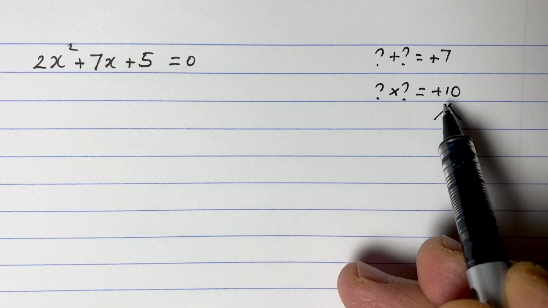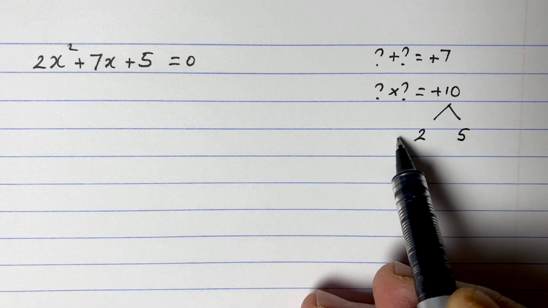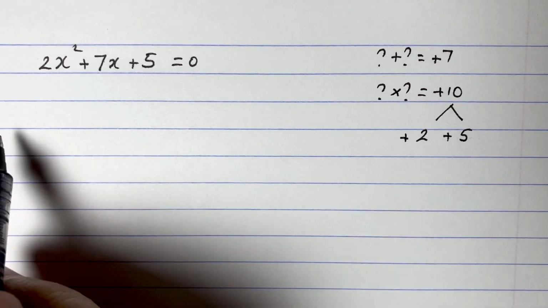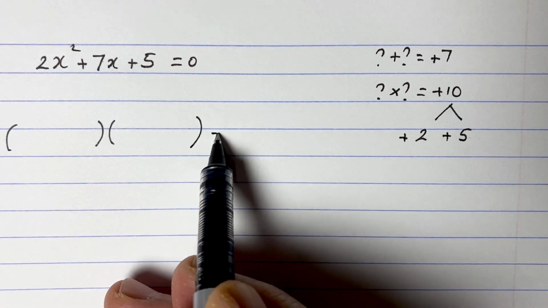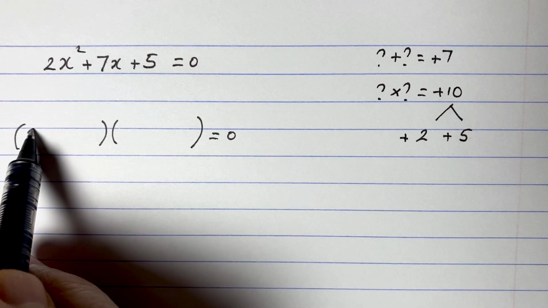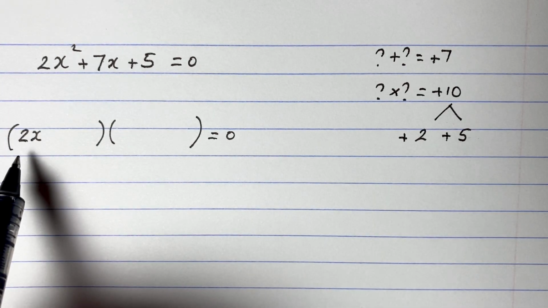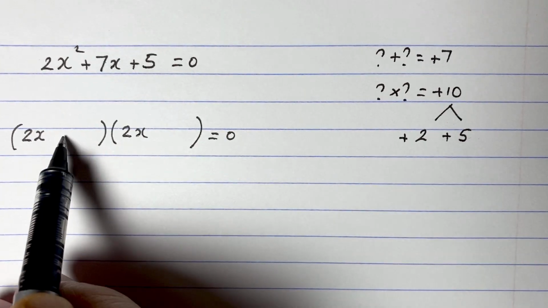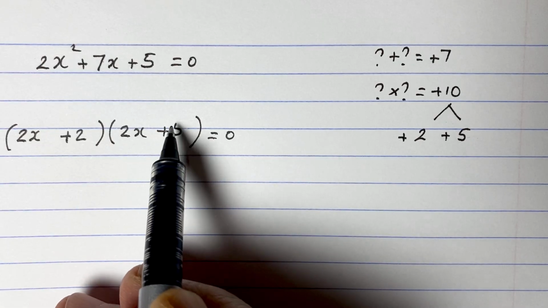The two numbers that multiply to give me 10 and add up to 7 are 2 and 5. Both going to be plus 2, plus 5. Use the quick method which I taught you. Since the question starts with 2x squared, I'm putting 2x in each, and then those two numbers which we found here, plus 2 and plus 5, here.